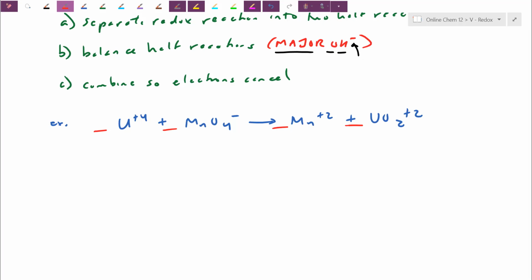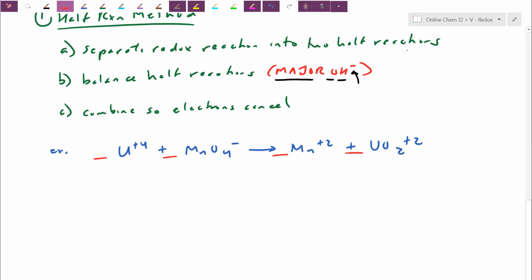So, first step, separate our redox reaction into two parts. How do I know that there are two half reactions and how do I separate them? Usually the elements have to be conserved. So if I have a uranium in a compound, it'll probably become another compound with uranium inside of it. So as I break that up, uranium plus 4 becoming the other uranium compound UO2 plus 2, I just copy it out exactly.